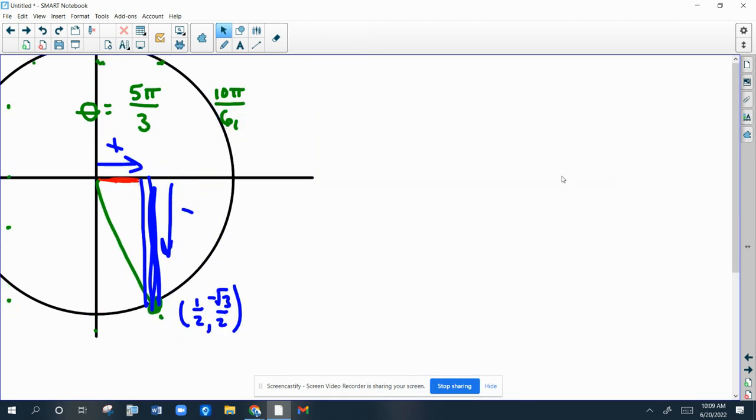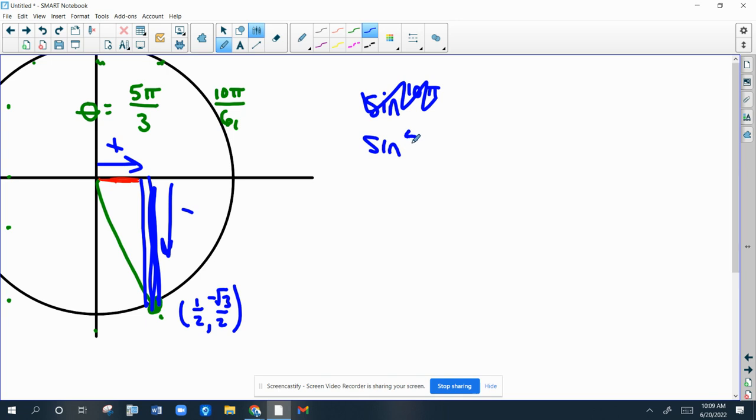Let's do all the trig functions. Sine of 10 pi over 6. Sine of 5 pi over 3, which is 10 pi over 6, is the y value. So we already have the coordinates, negative root 3 over 2.